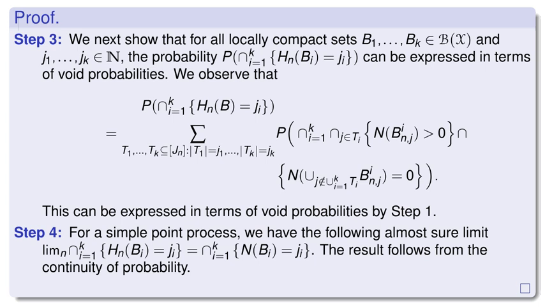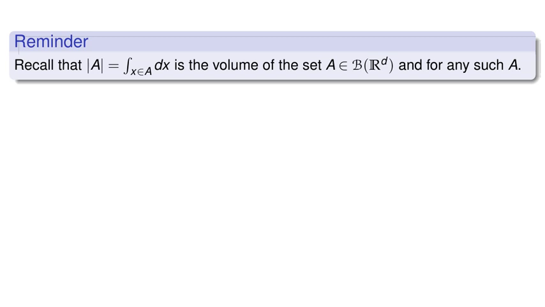The final result then follows from the continuity of probability. As a reminder, the notation absolute value of A, which is the integral over x in A of dx, represents the volume of the set A in script B of R to the d.